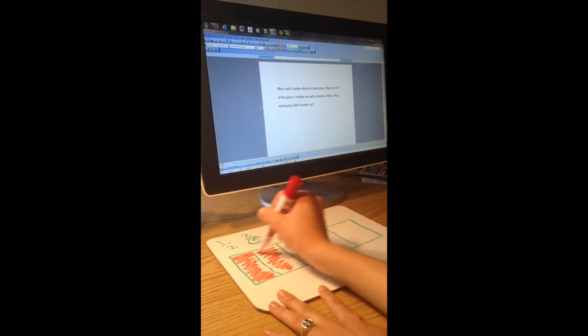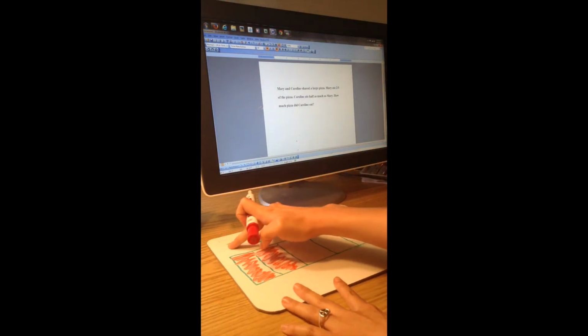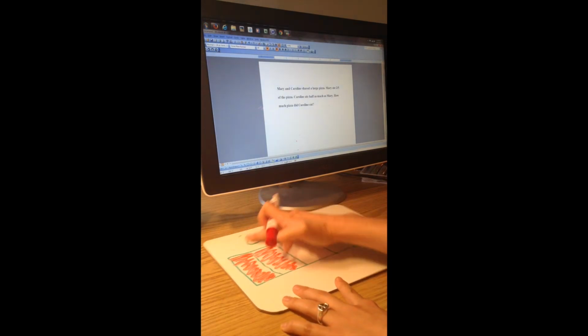This is how 2/5 is being represented in the area model. Two-fifths.